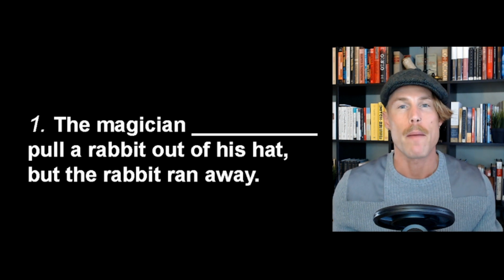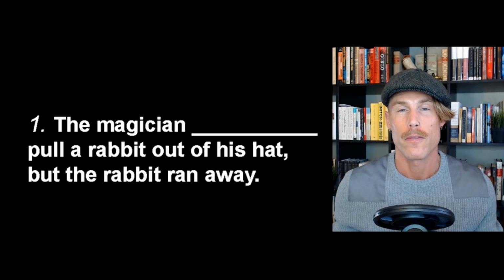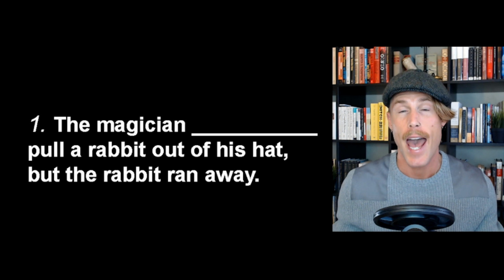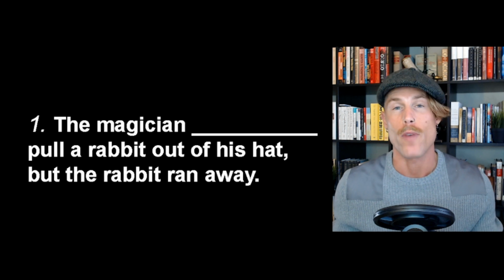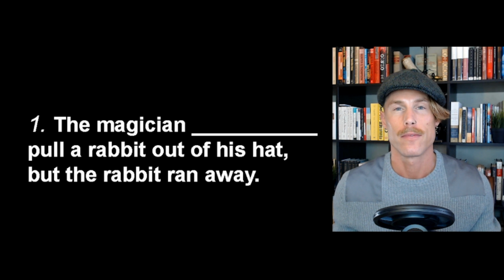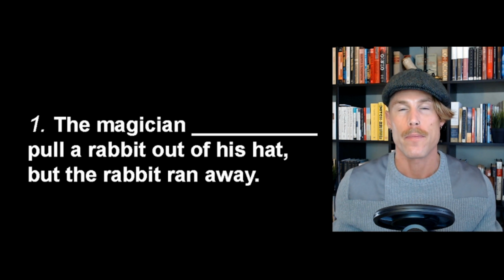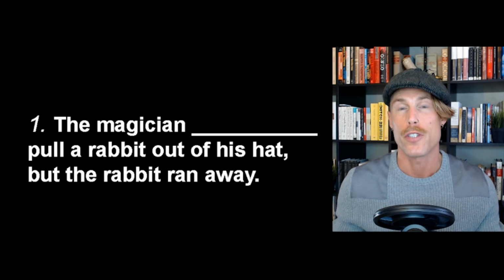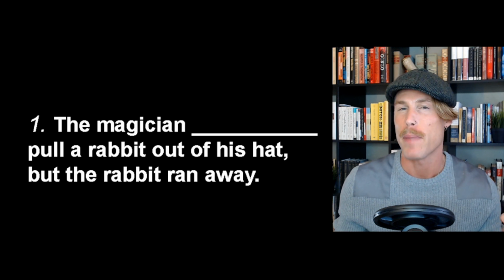Let's do it. Number 1. The magician pulled a rabbit out of his hat, but the rabbit ran away. What do you think? Suppose or supposed to? Don't forget the be verb.